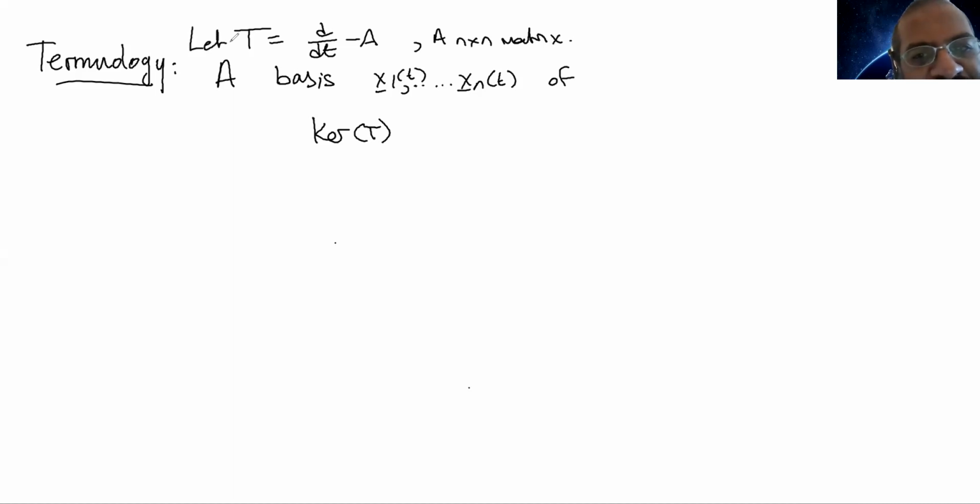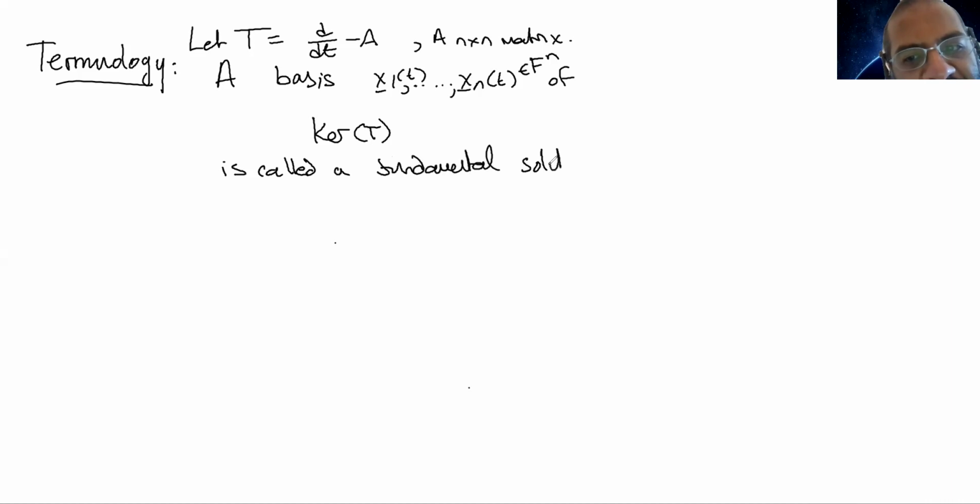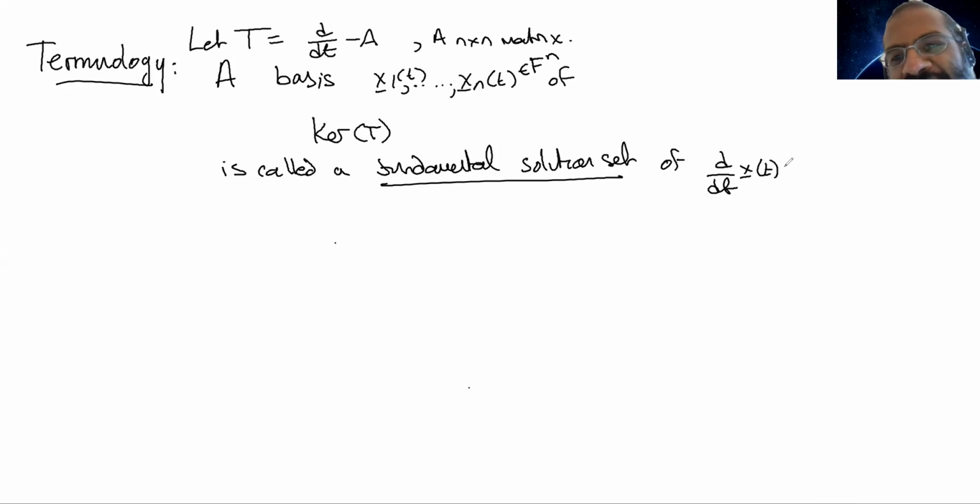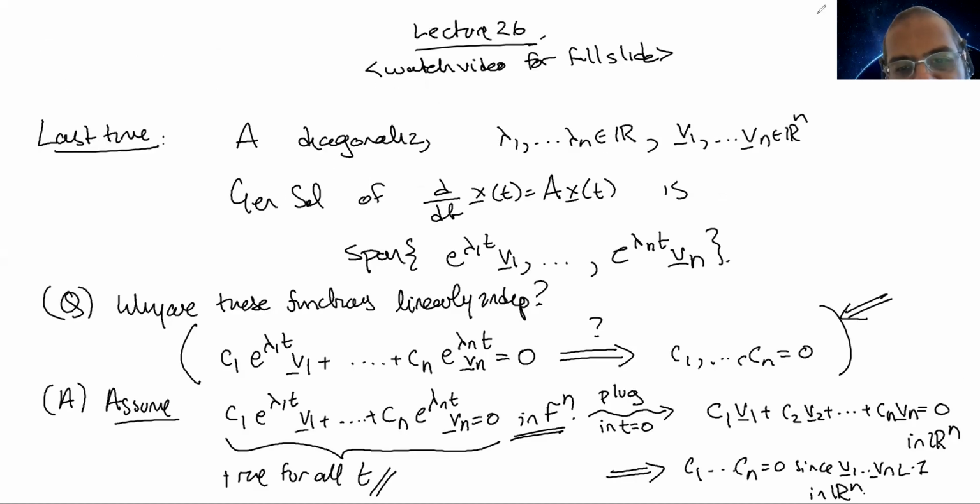Then a basis of functions x1(t) through xn(t) of the kernel of T, so these are all functions in Fn, is called a fundamental solution set of this equation. This is not a deep definition, it's just a piece of jargon, but since it's used in the book, I'm just going to say it. What we proved in the previous theorem is that if the matrix is diagonalizable, then these exponentials that you get are our fundamental solutions.